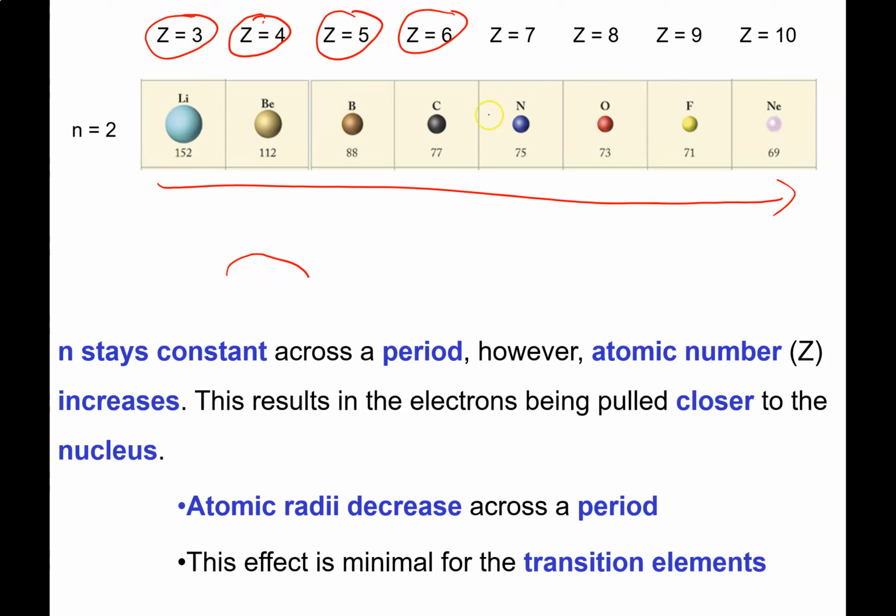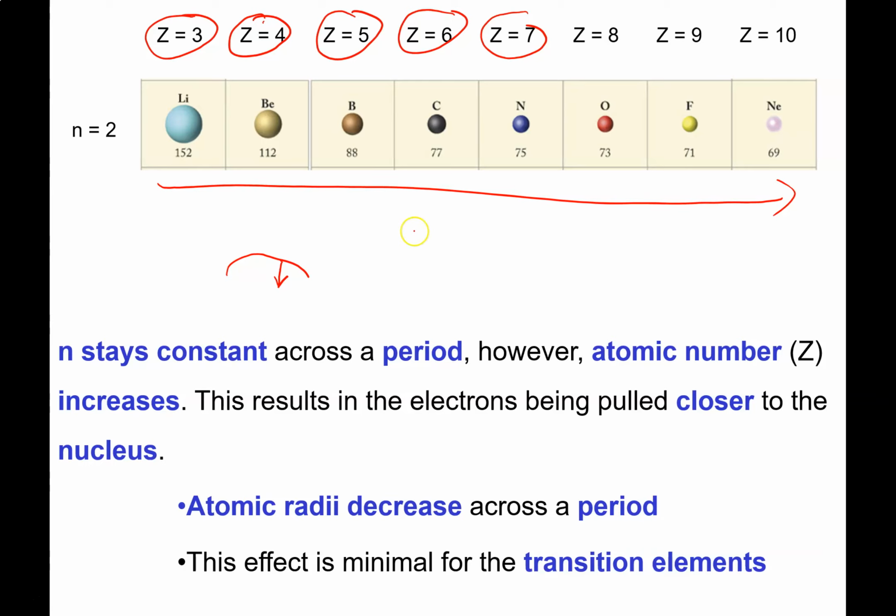So as we move across, we're adding more protons to the nucleus, and we're adding electrons to the same layer of electrons. What happens is, as we add more protons, it causes every layer of electrons to get pulled in a little bit because we're increasing that positive nuclear charge. And the net result, as we move across a period, is a modest decrease in atomic radii.